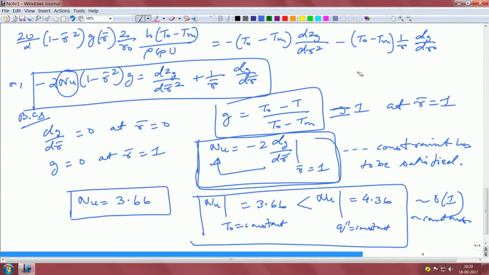So, for example, square will show a very low value of Nusselt number. Low means in relative parlance, but as you go to more and more higher order polygons, say hexagon, octagon and all these things, that means you are closely approaching a circle. As you increase the number of sides of the polygon, you basically approach a circle, right. You slowly approach the Nusselt number limit of 4.36 for a uniform heat flux and 3.66 for a uniform wall temperature, right.